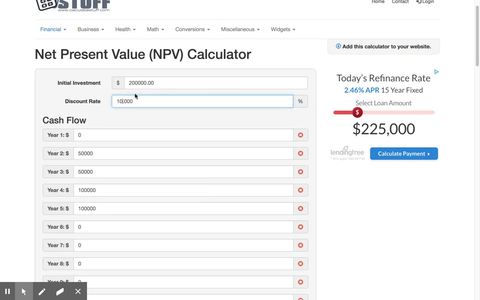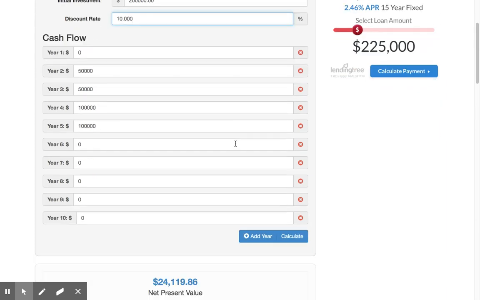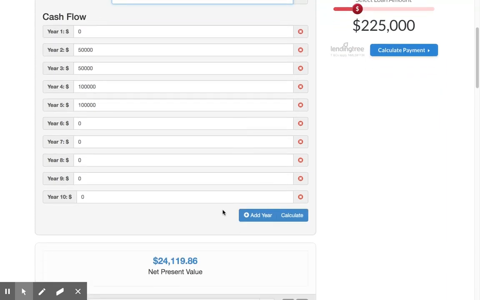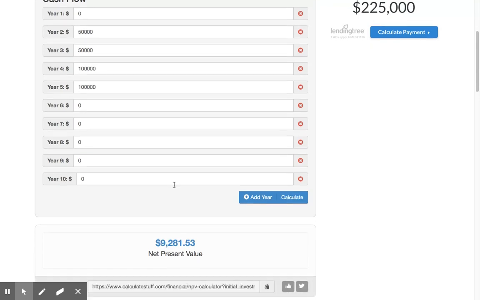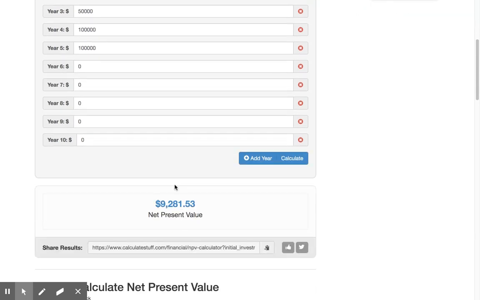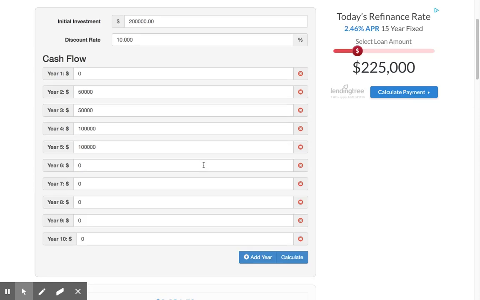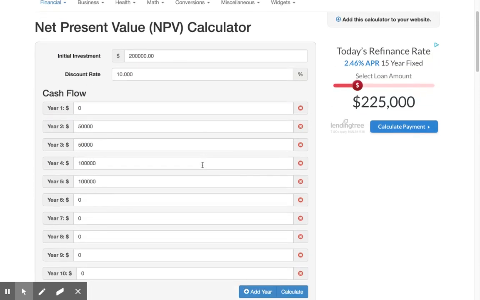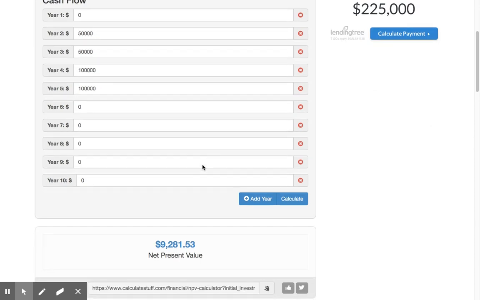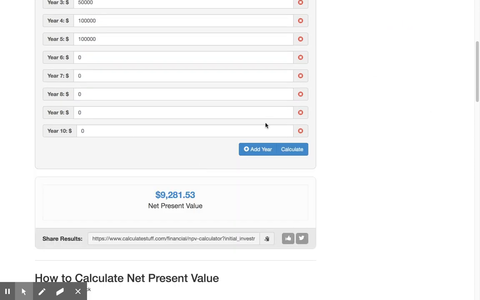It says bump up the discount rate to 10%. Let's see what it comes out to be. Ooh, it goes down a little bit, but still in the positive, 92.81. So an investment that's worth considering.